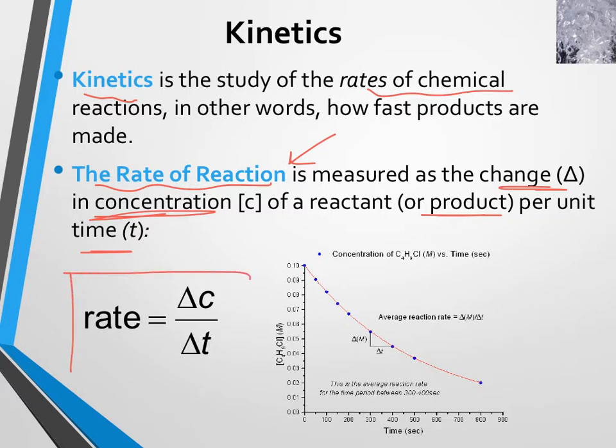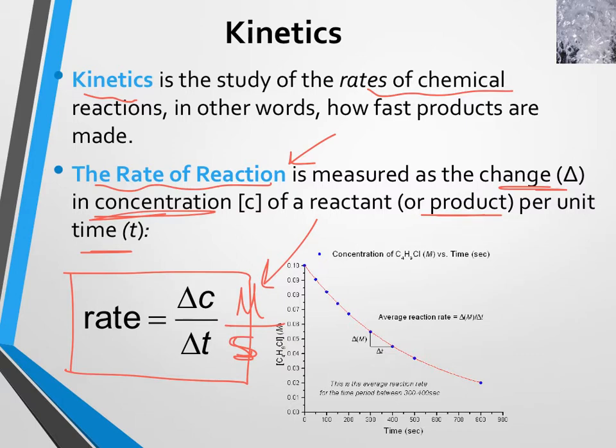So here's kind of a summary of what the rate of a reaction is. And what would the units be for rate of a reaction? Well, concentration would be on the top, so molarity is probably the most common, and over time, so that could be seconds, minutes, but these are typical units for the rate of a reaction.